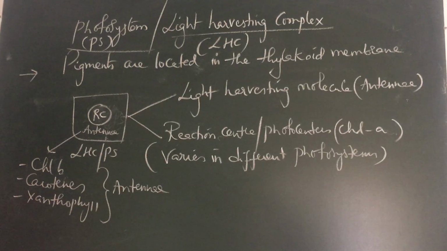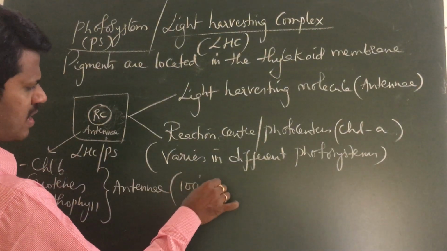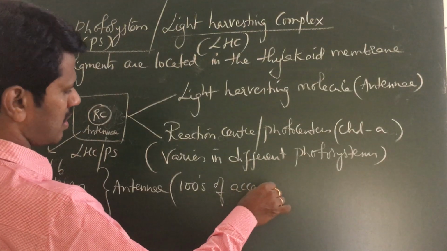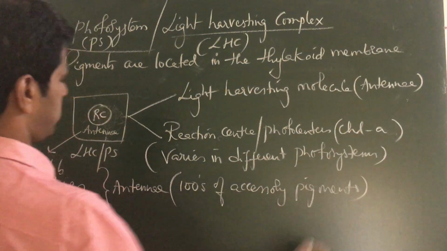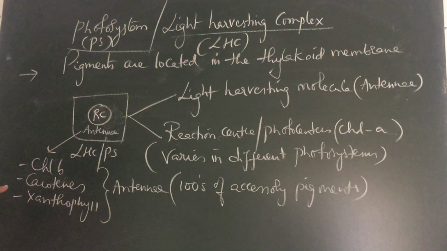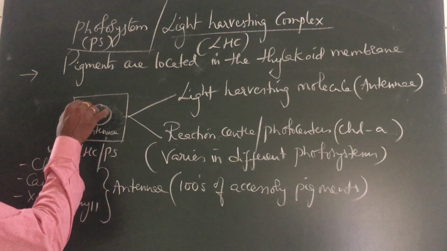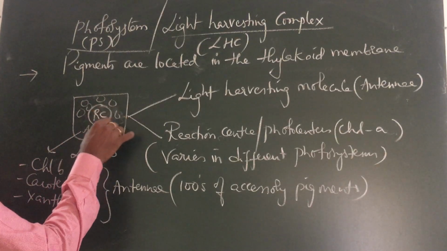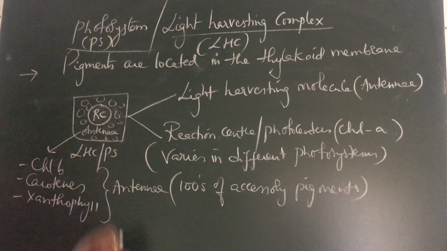Hundreds of accessory pigments. Chlorophyll B, carotenes and xanthophyll are the accessory pigments which are called antenna. First the light is absorbed by these antenna.